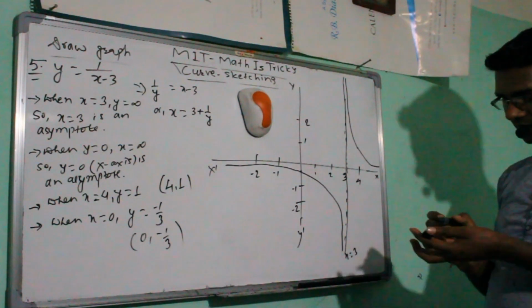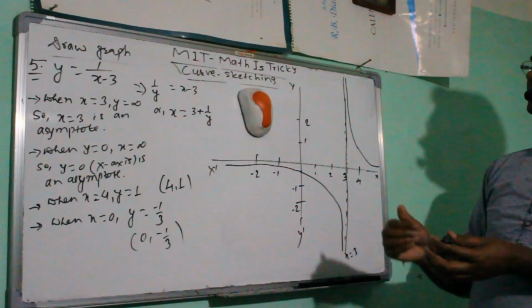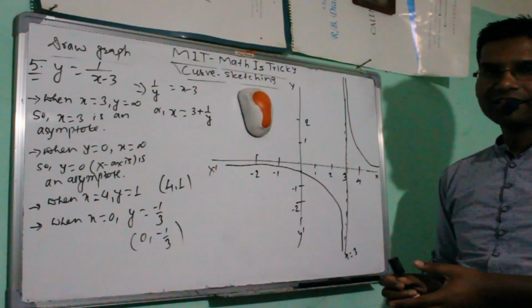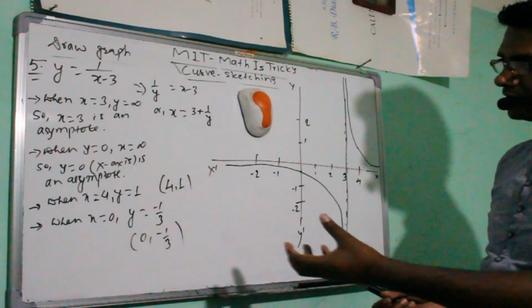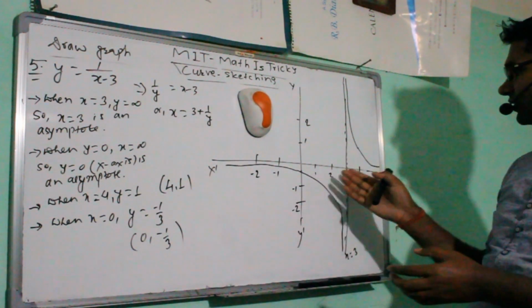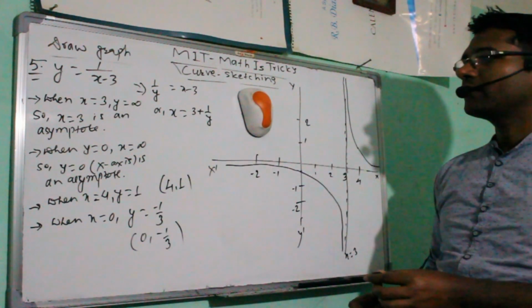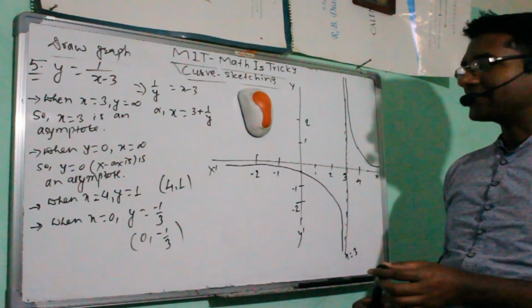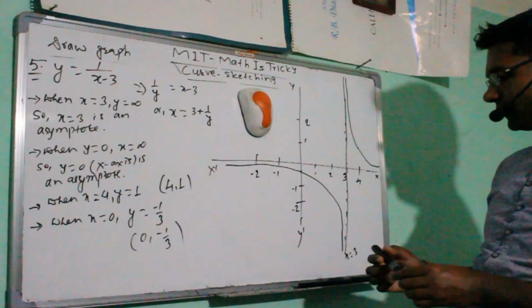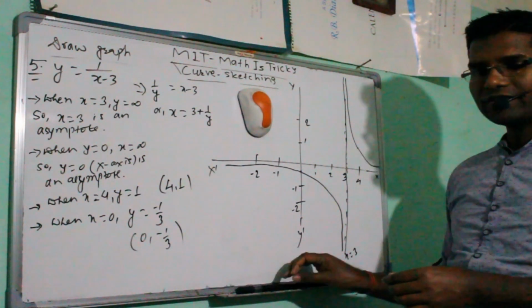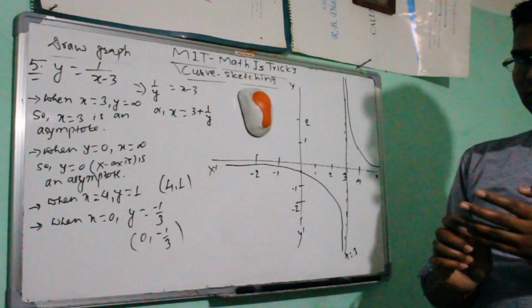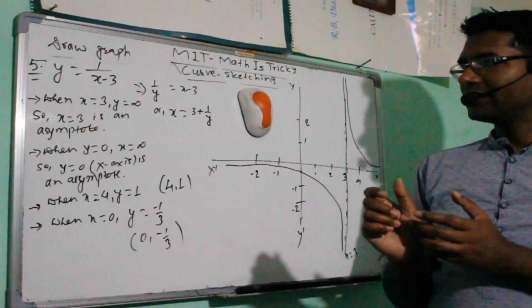This is the curve for the given information. On the basis of this following information or the characteristics, we can draw the figure like this for y equals 1 by x minus 3. This is our graph.